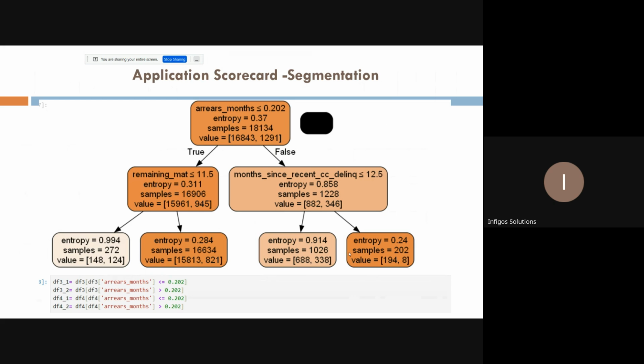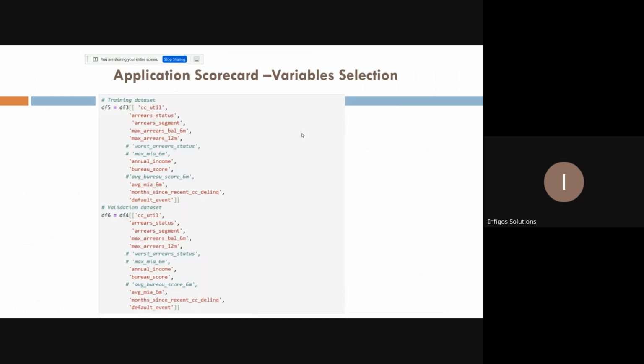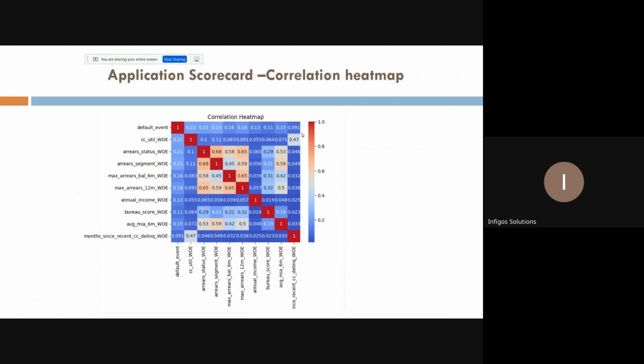So this is segmentation. Segmentation is happening on arrears month. This is the information value for the application scorecard, and these are the variable selections. This is the correlation heat map.